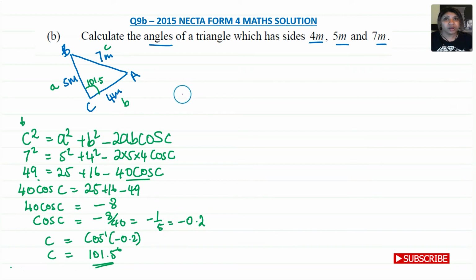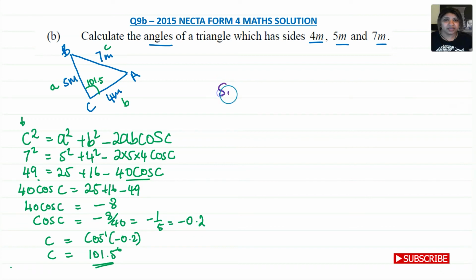So this angle here is 101.5. Now we have one of the angles and we've got sides, so we can go ahead and use the sine rule. Because I'm looking for an angle, I'm going to put the sine part on top instead of the side on top. So I'm going to have sine A over A instead of A over sine A, because it is easier to change.